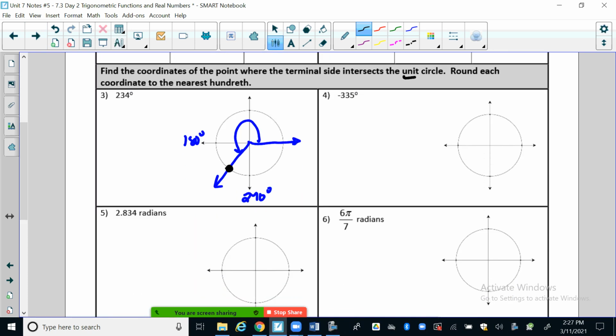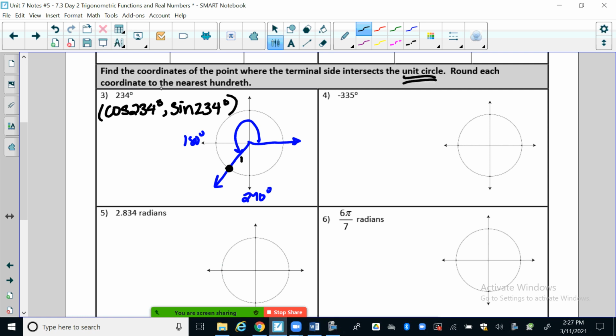So looking at this example, since we're given that this is the unit circle, we know that our radius is 1, so our x coordinate is just cosine of 234 degrees, and our y coordinate is sine of 234 degrees. Now, this is on the unit circle, but it's not referring back to a 30, 60, or 45 degree angle.